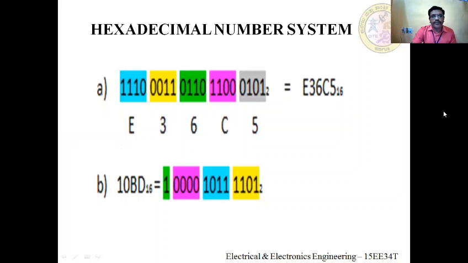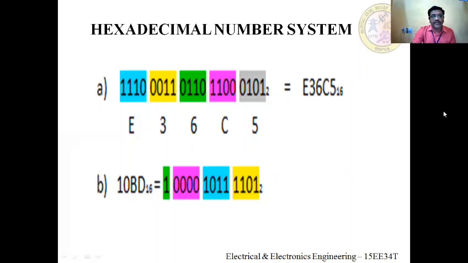In this slide, we have two examples, example A and example B. In example A, conversion from binary to hexadecimal number system, and in example B, conversion from hexadecimal number system to binary number system. I will not be discussing more about these topics because after my class, in session 11 and 12, these topics will be discussed in more detail.